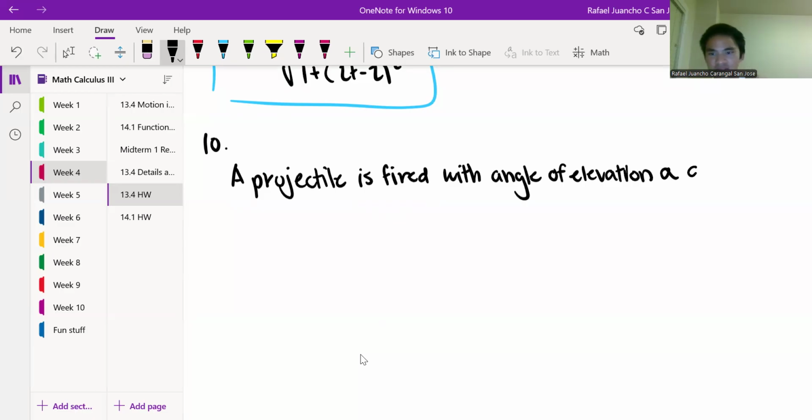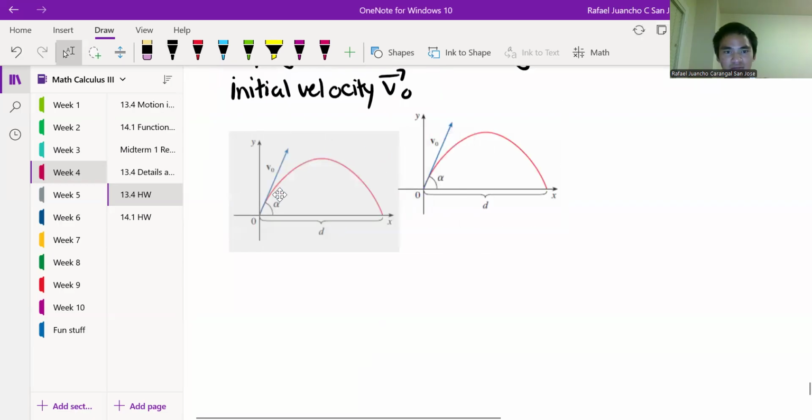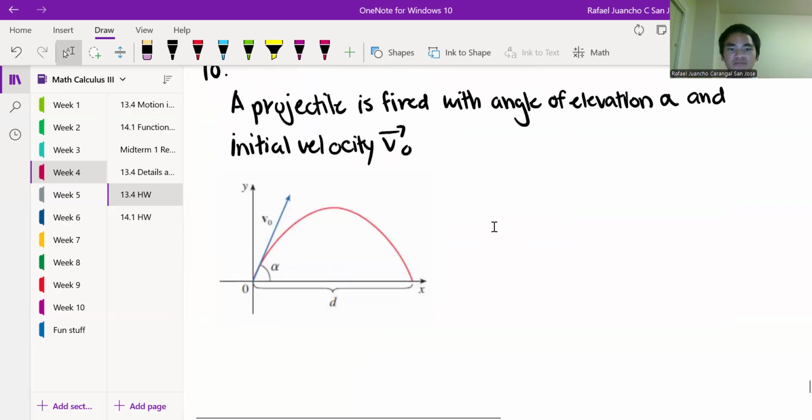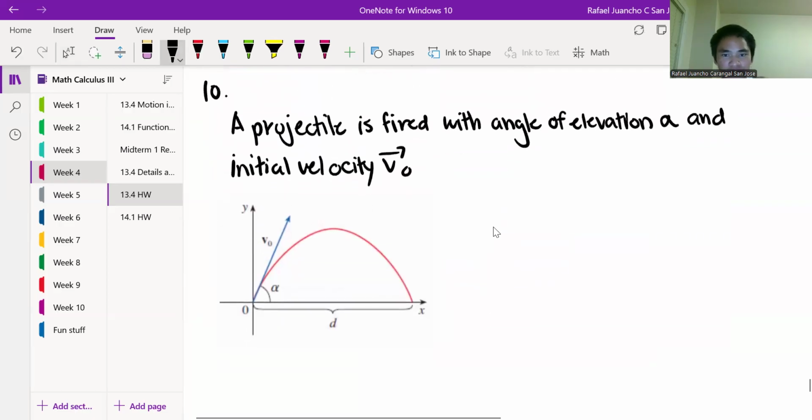And its initial velocity, which I assume is a vector. It is a vector because it's in bold. So I'm just going to write it like that. And then we have a figure here that gives us the initial scenario. Okay, so let me quickly do this. So this is the scenario that we're given, right? Okay, now what's it asking?